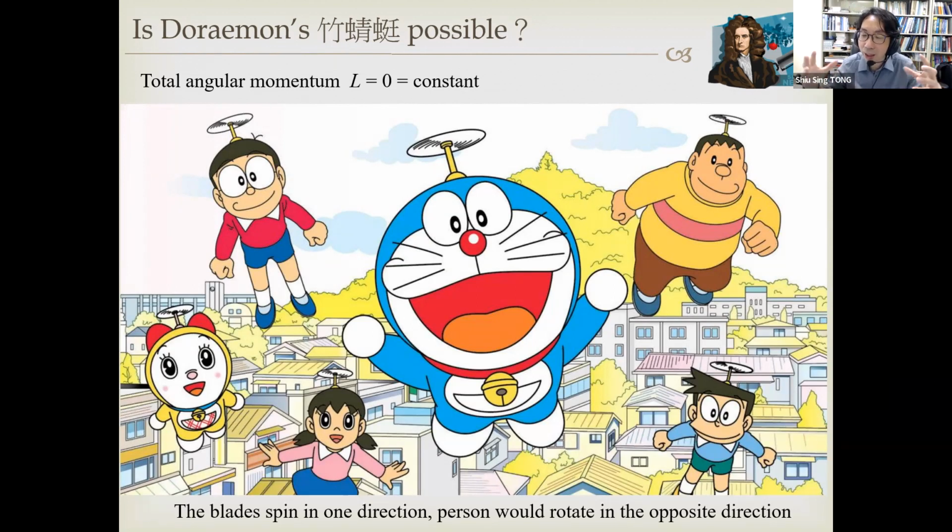The angular momentum of the whole object remains constant, right? So Doraemon will spin in the reverse direction. If the blade is rotating faster and faster in the clockwise direction, Doraemon will spin in the reverse direction, that is anti-clockwise, and he will break his neck. You cannot imagine a person rotating in the anti-clockwise direction without breaking the body. So physically it is not possible.